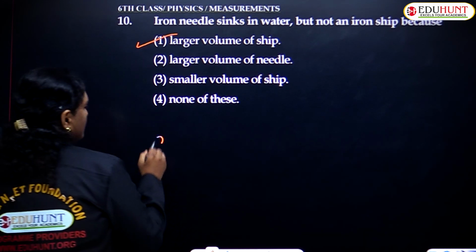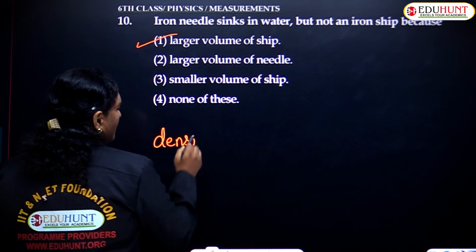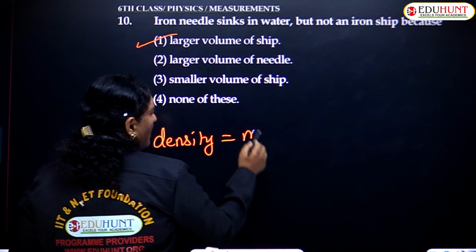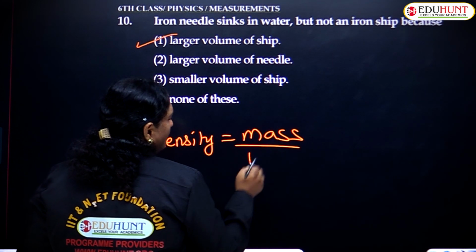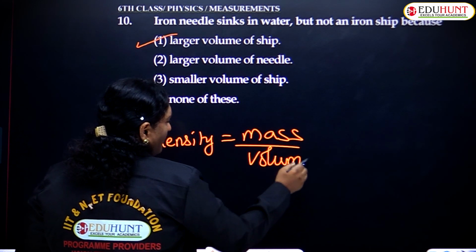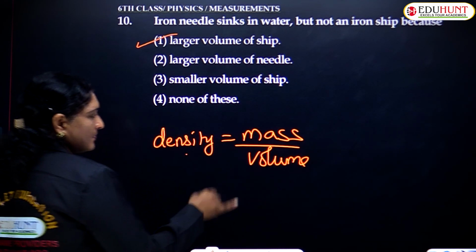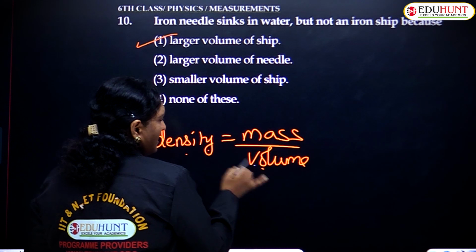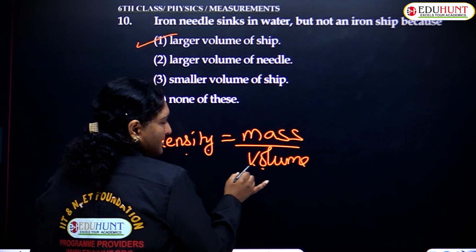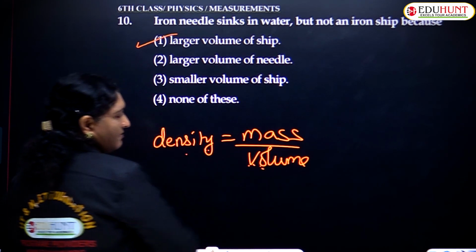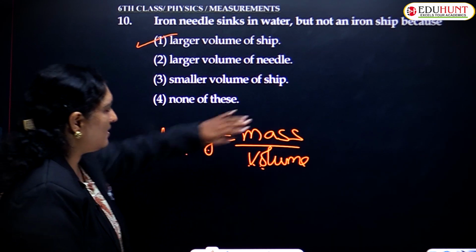The reason behind this is we know that density equals mass by volume. If density is more than water, then it will sink. Volume and density, how are they? Inversely proportional. Larger the volume, lesser will be the density, for a given mass.